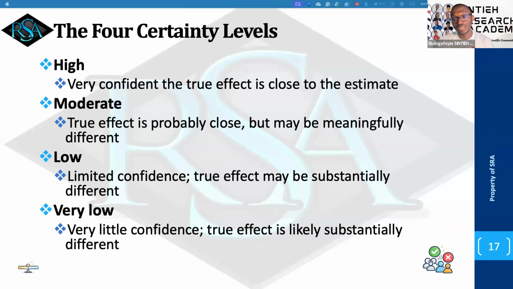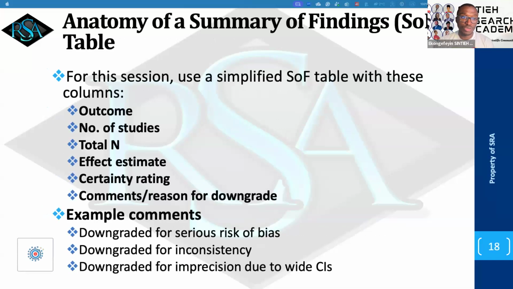Once you've done that, the outcome of you doing great is you have this summary of evidence table, which looks at all the studies that you've done already that are included. So outcome, number of studies, total sample size, your rating of it, and then the comments for any downgrade. So that's it.